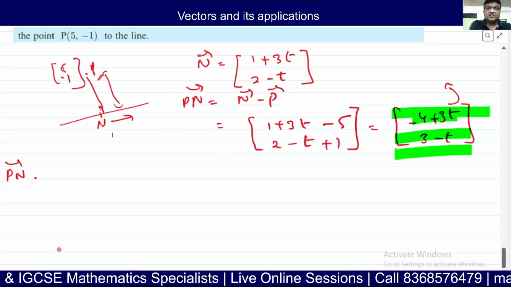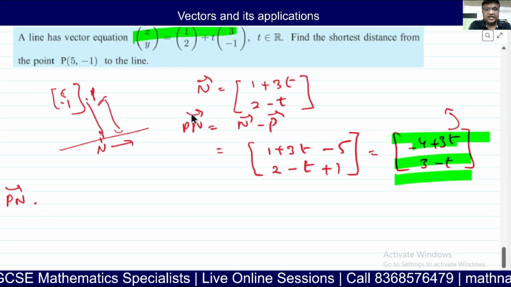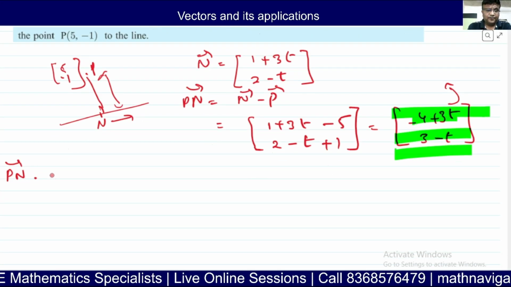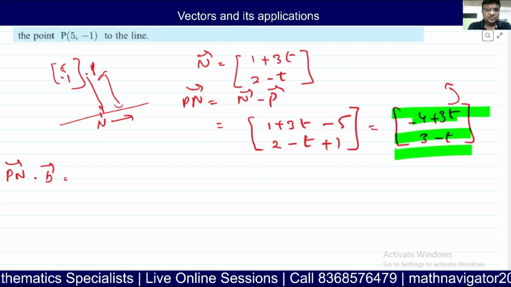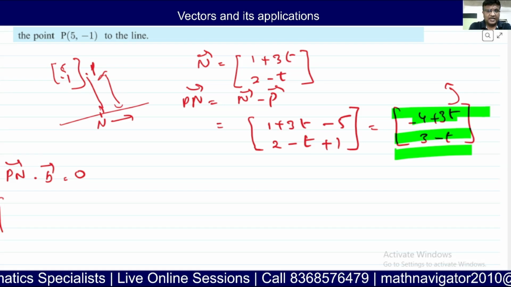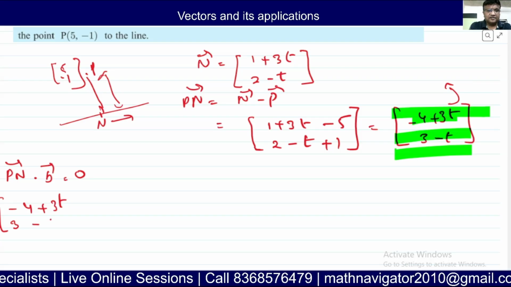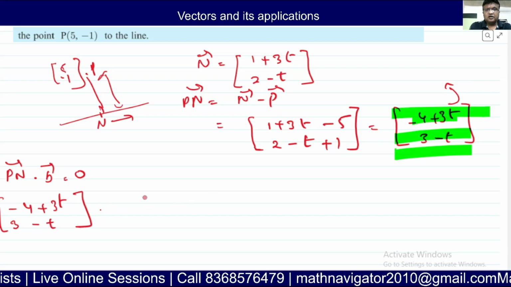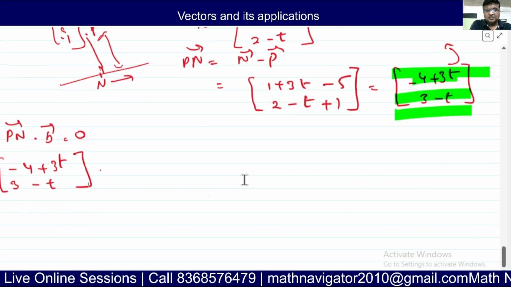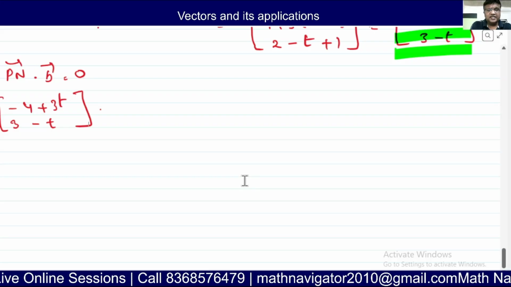The direction vector of the line is given to be (3, negative 1). So I'll say PN dot b is equal to 0. So (negative 4 plus 3t, 3 negative t) dot (3, negative 1) is equal to 0.